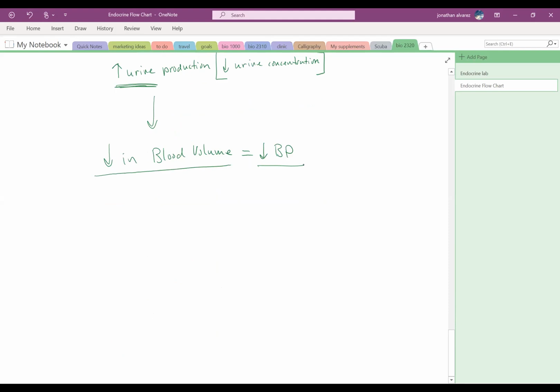Think about that. If you have lots and lots of fluid in a tube, that's a lot of pressure to push fluid through a tube because fluid is heavy. So if you can reduce the amount of fluid in a tube, then you decrease the amount of pressure needed.